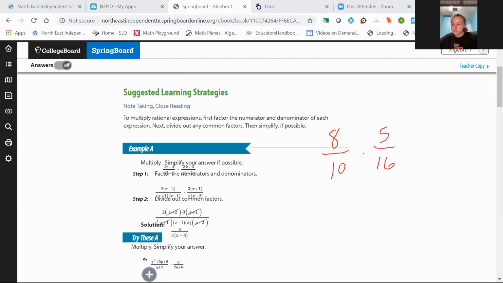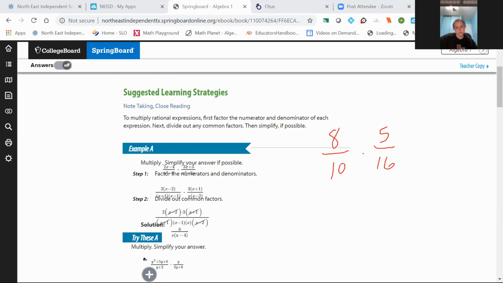If we think of this instead of multiplying straight across and then simplifying, or even what we talked about, how you simplify before you multiply, the way we want to think about doing this to relate to polynomials is we want to break down every number to its prime factors.